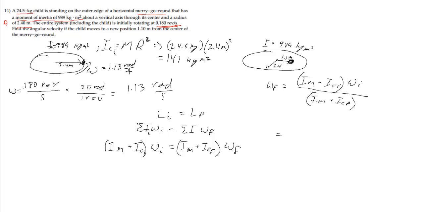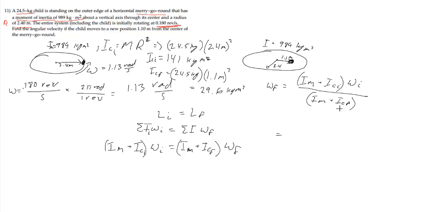And then I child final is going to be the same mass, 24.5 kilograms, but at the new location, 1.1 meters squared, which is going to be roughly 29.6 kilograms meters squared.